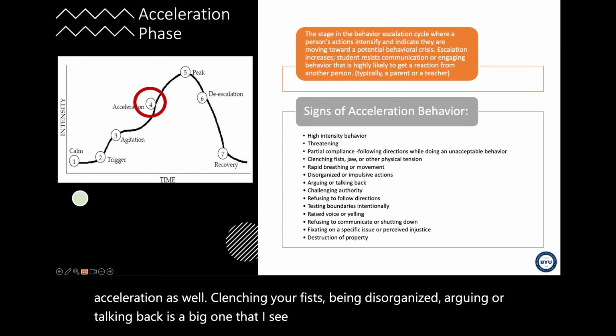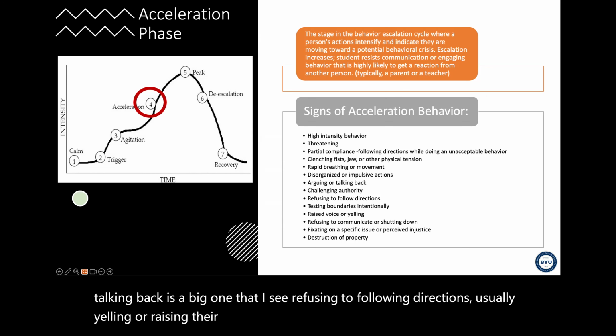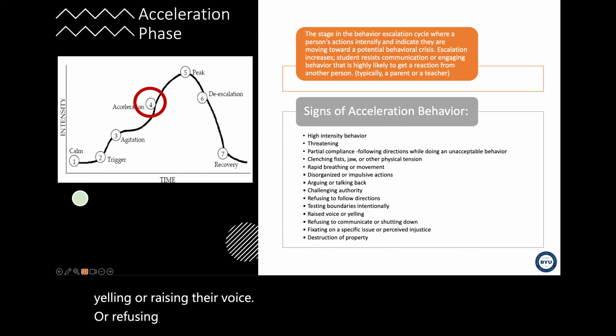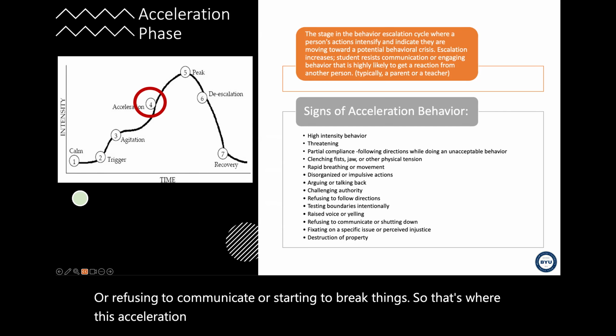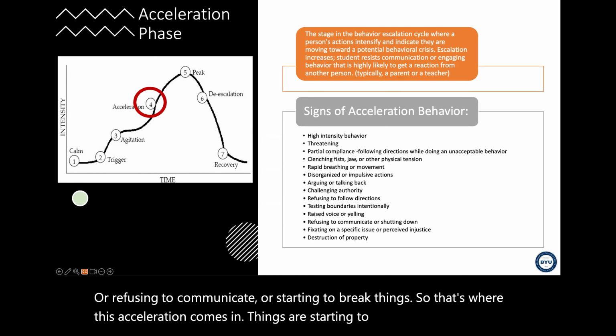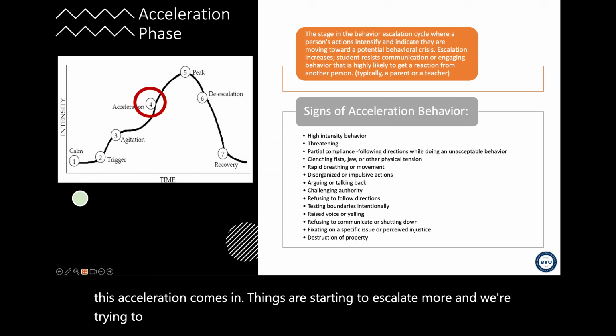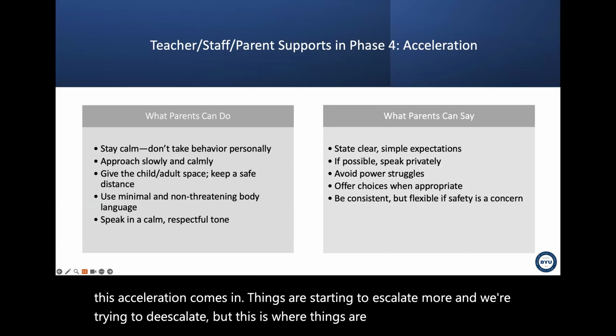Refusing to follow directions, usually yelling or raising their voice, or refusing to communicate, or starting to break things. So that's where this acceleration comes in. Things are starting to escalate more, and we're trying to de-escalate, but this is where things are getting more intense.